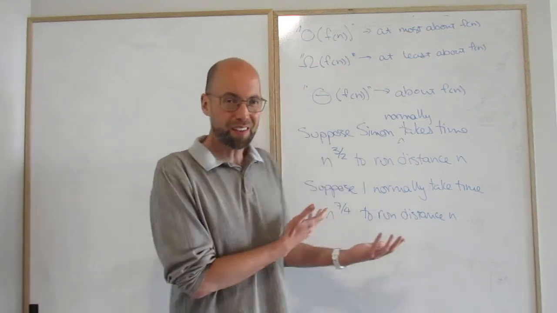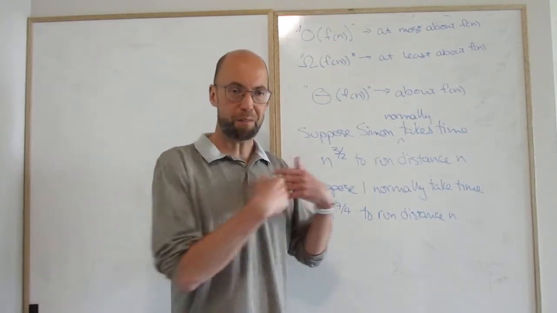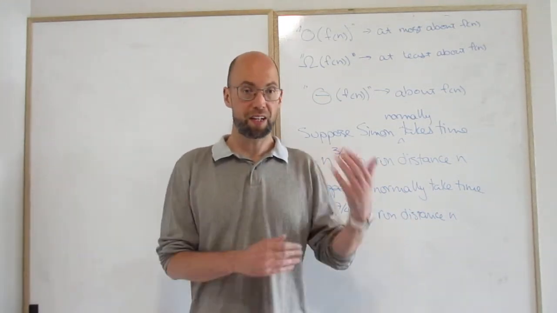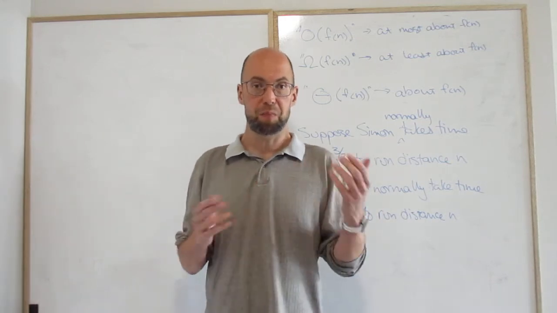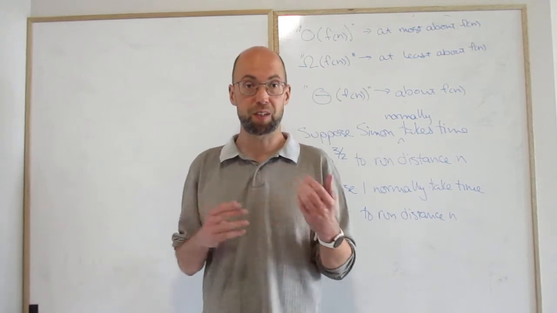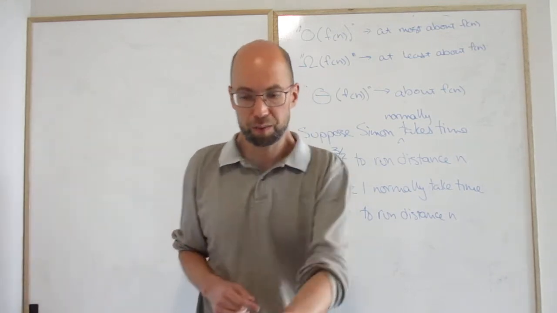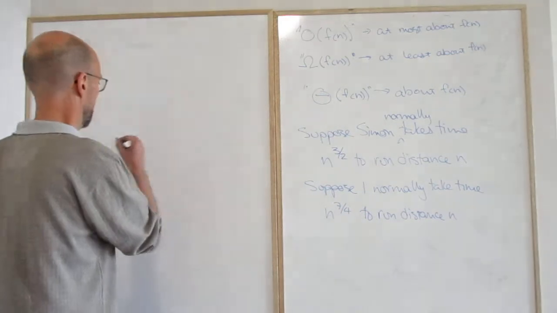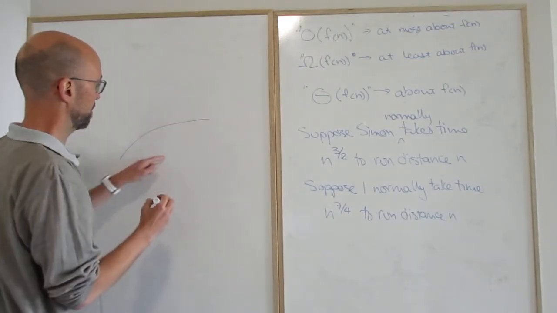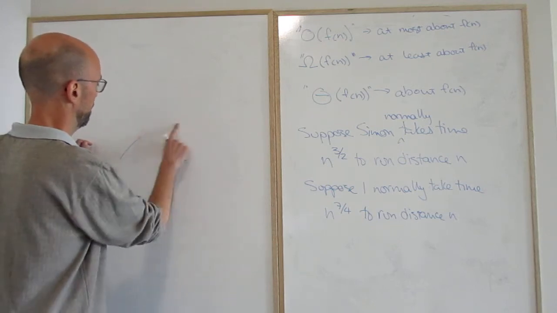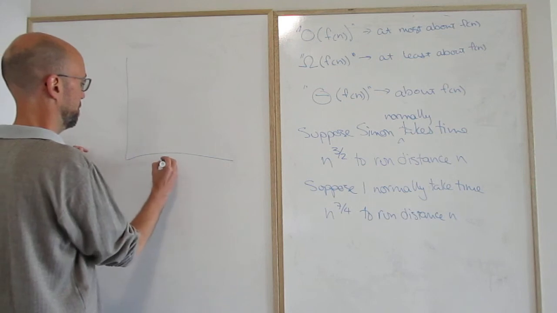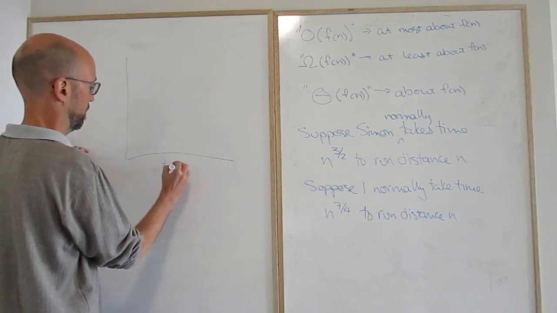But you see that ultimately, if we run far enough, if we run for long enough, Simon's going to pass me, and then after that, maybe every so often he stops to tie his shoes or something, and I manage to catch up a little bit, but the functions are going to go, there's me, my distance, or let's say this is time.